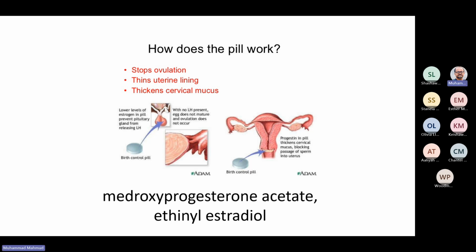Oral contraceptive pills or hormonal pills work by stopping ovulation, thinning the uterine lining, and thickening cervical mucus. And their names, at first glance, may look very difficult, like this: medroxyprogesterone acetate, ethinyl estradiol. But I have a tip for you.